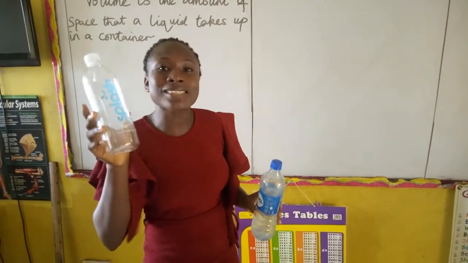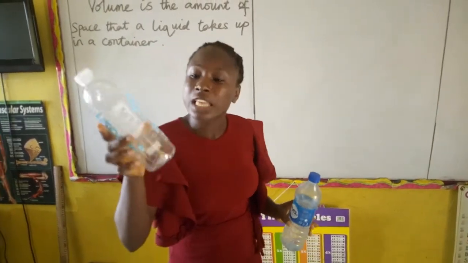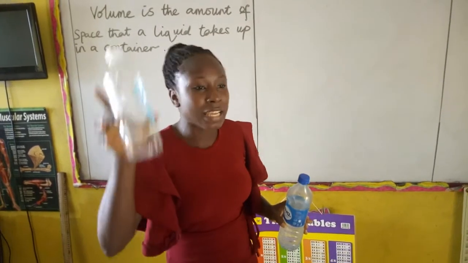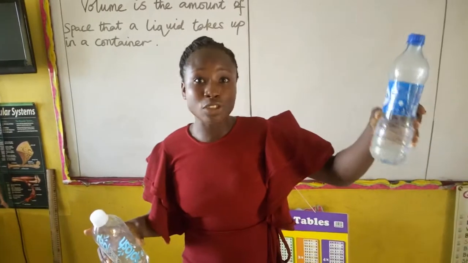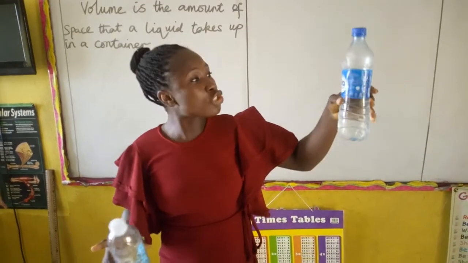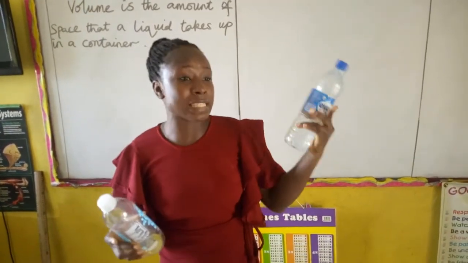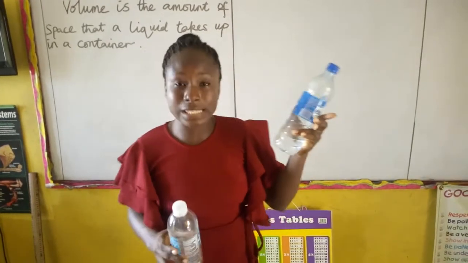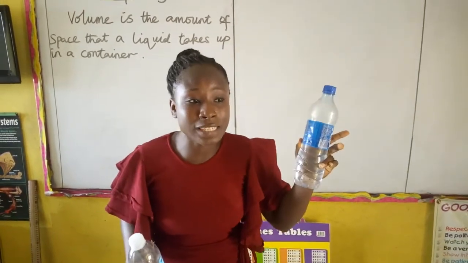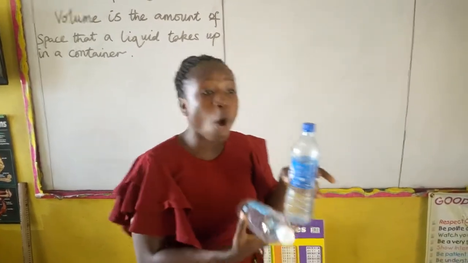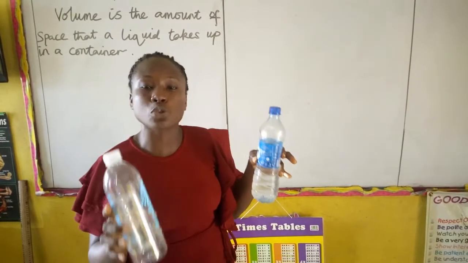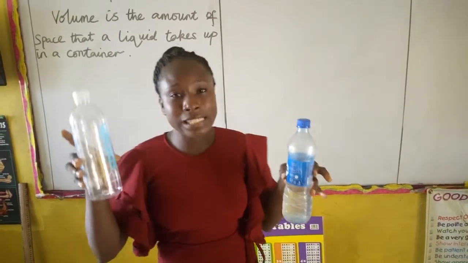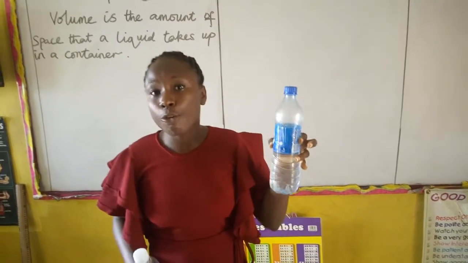But then capacity is the amount of space this container can take. Do you understand? This container is not full. The capacity it can take is 75 cl, but the volume of the water inside of it is not up to the capacity it can take. That is why it is not full.